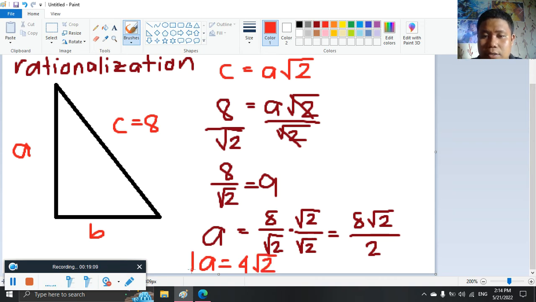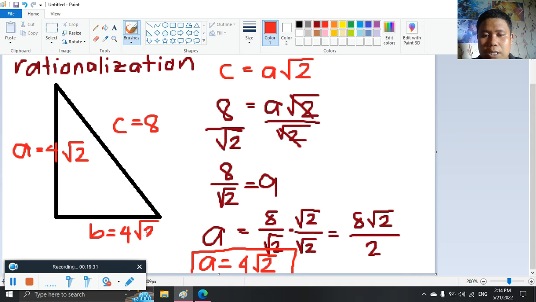So, this is your final answer: 4 the square root of 2. Okay? So, therefore, A equals 4 the square root of 2. B is also 4 the square root of 2.